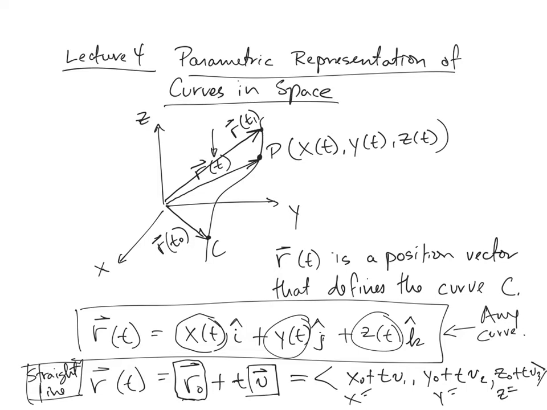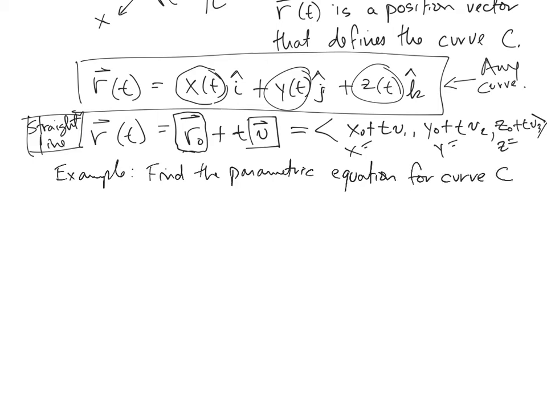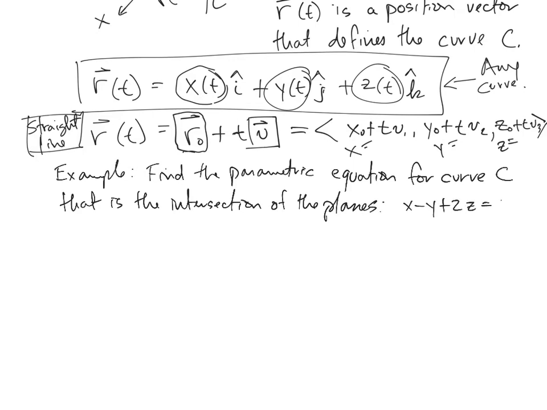All right, so let's look at an example. We're asked to find the parametric equation for the curve that is the intersection between the two planes that are given.